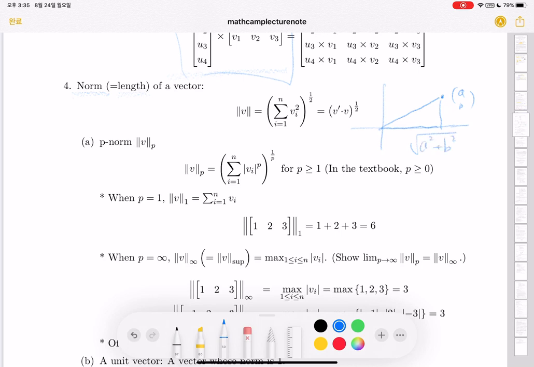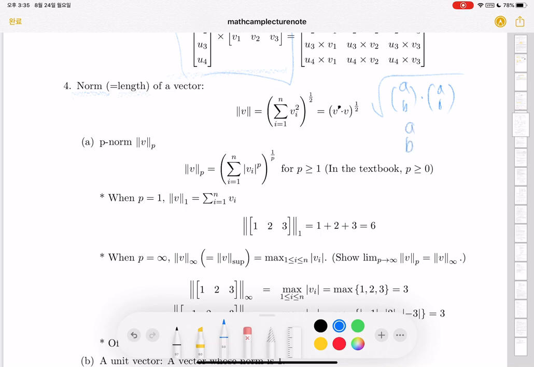So it's like the square root of the inner product of (A, B) with itself. Here this is a typo. So we use this notation to denote an inner product.